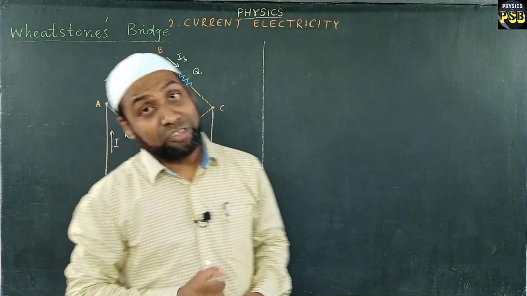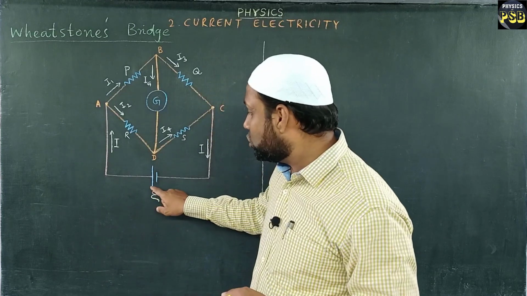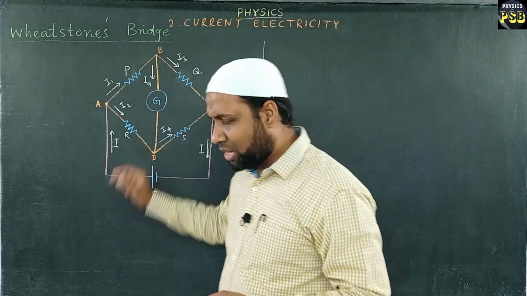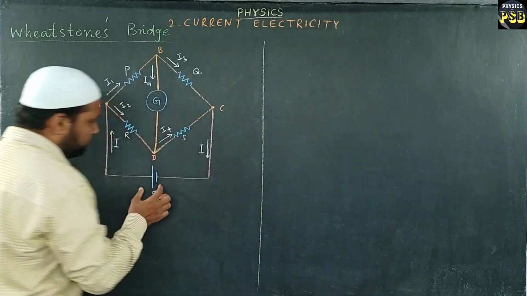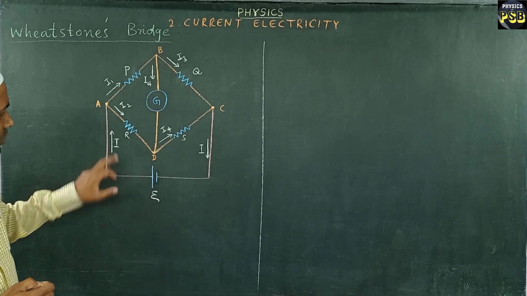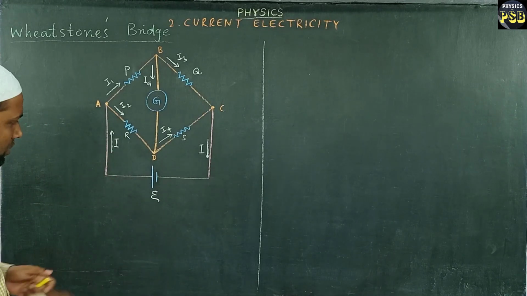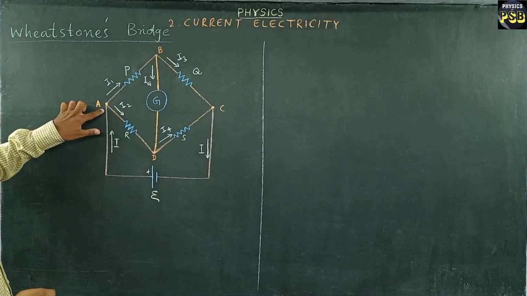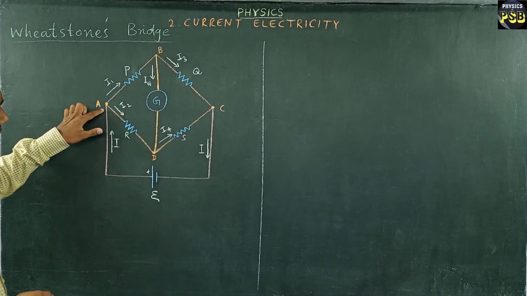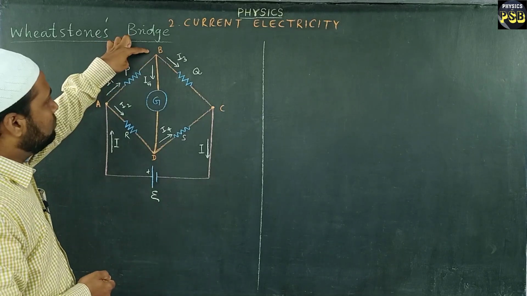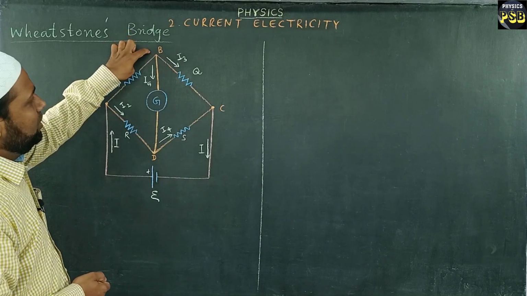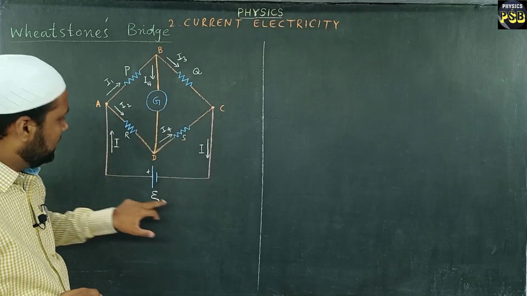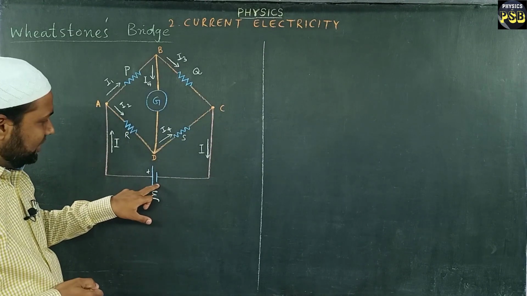We know current always flows from the positive terminal of a cell towards the negative terminal. So the current supplied by this cell is I, which flows from the positive terminal towards the junction A, and it moves towards B. Then from there it reaches C. Then from C it ends at the negative terminal.